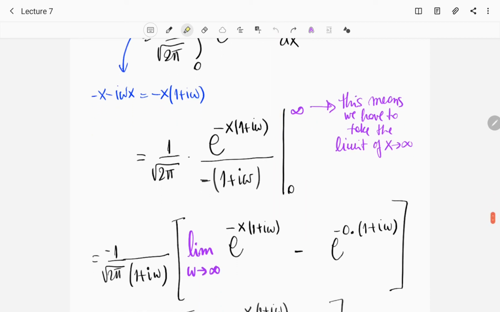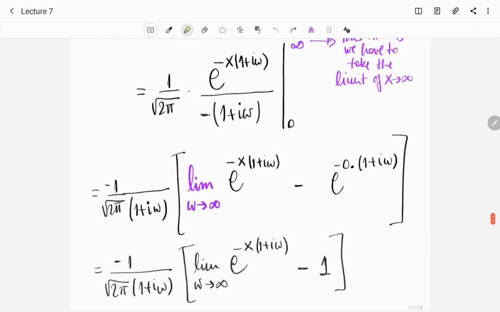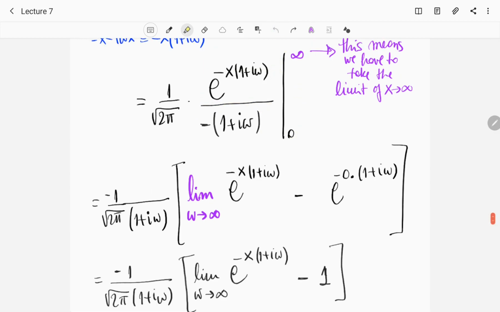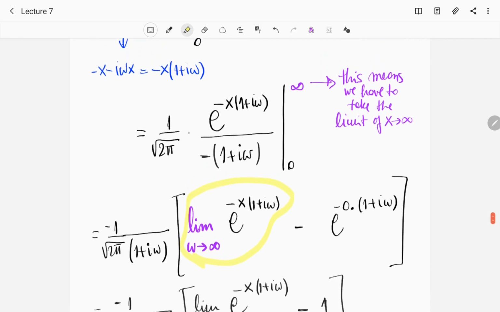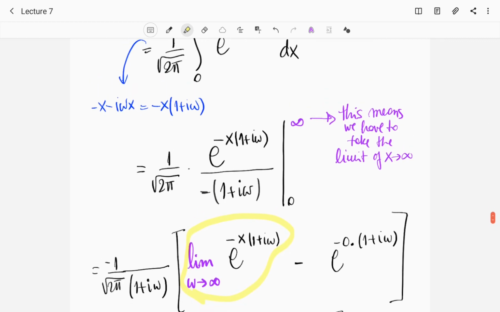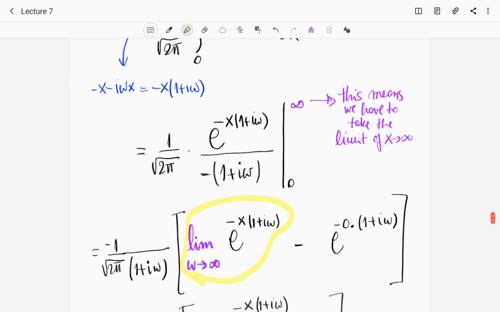So this is a number, so we can put it here in the front. That's one thing first to do. And then what this notation means, again, is just the limit when x goes to infinity.